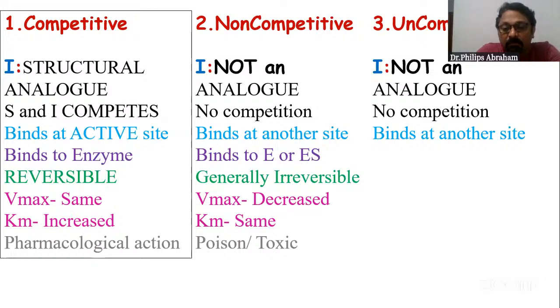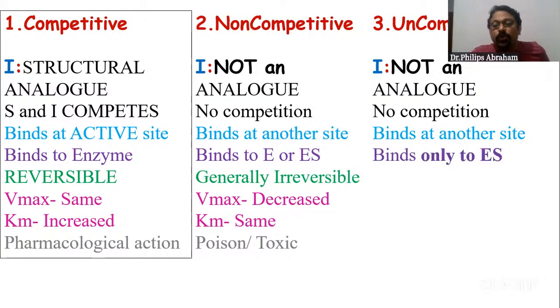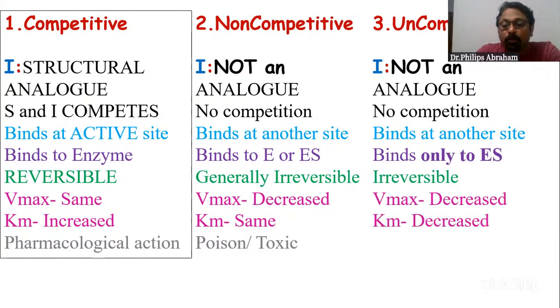But one major difference is that it can bind only to the enzyme-substrate complex, and this is irreversible. Both Vmax and Km values are decreased. So these are the major differences between competitive, non-competitive, and uncompetitive inhibition.